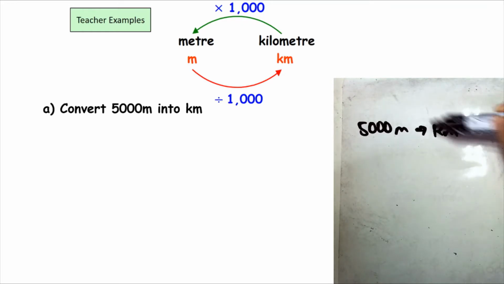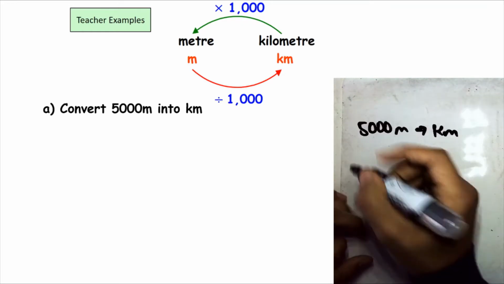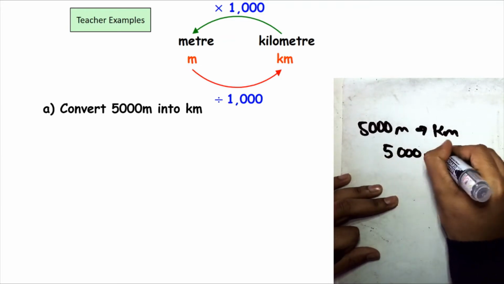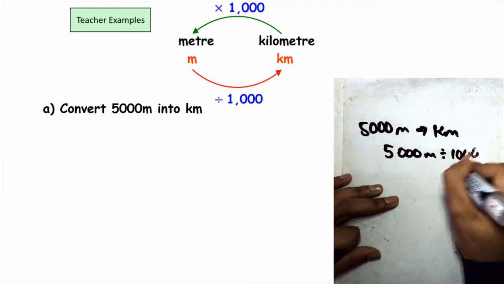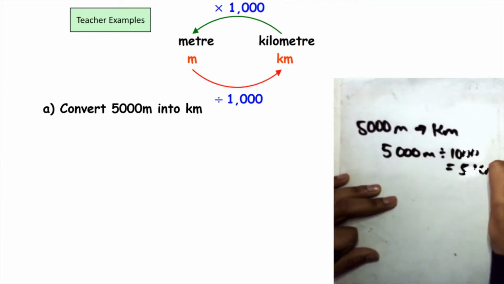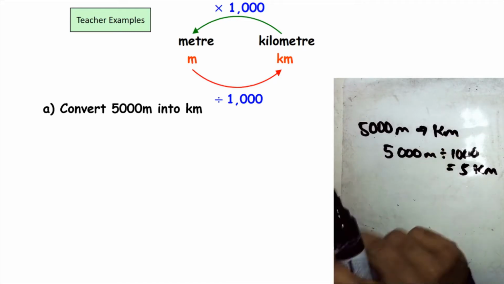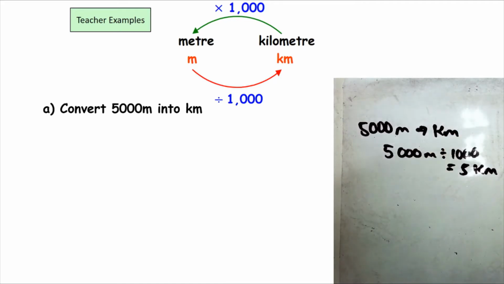So we are dividing by 1,000. And 5,000 meters divided by 1,000 will give us 5 kilometers, right? So remember here that in 5,000 meters there's 5 kilometers.